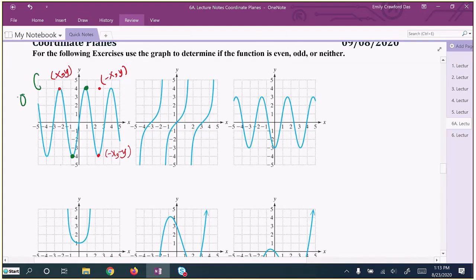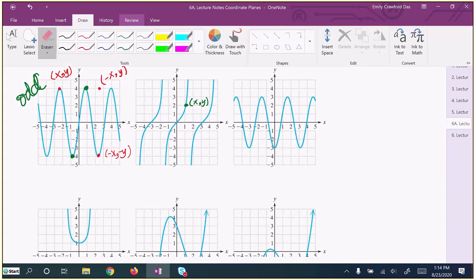In the second graph, it's definitely not even, because I can see that I don't have symmetry with respect to the y-axis. For example, this point (x, y), if it was even, I should be able to find the same y value with the negative x value, (-x, y), and that's not on my graph. So it's not even, I can tell right away. What about oddness?